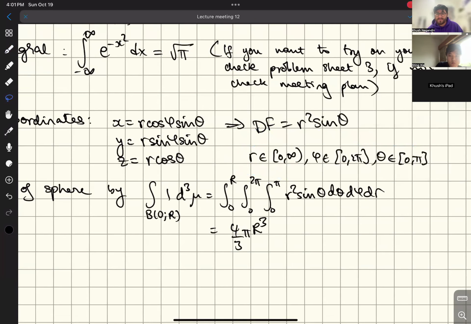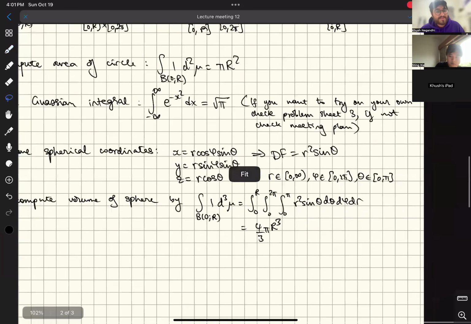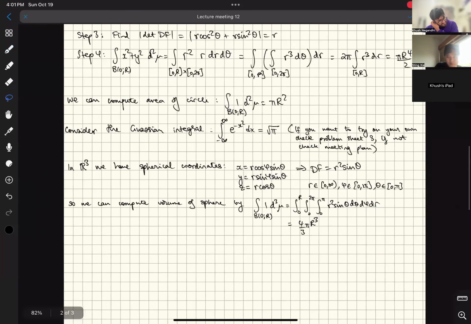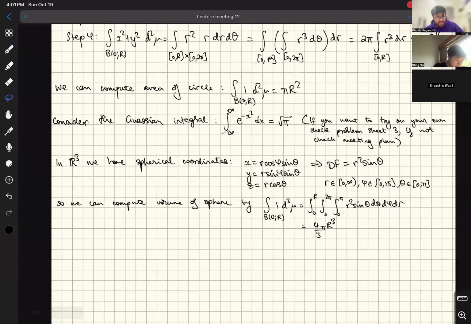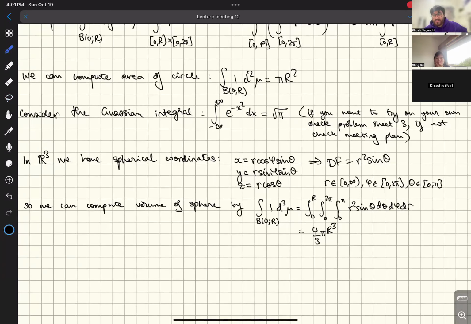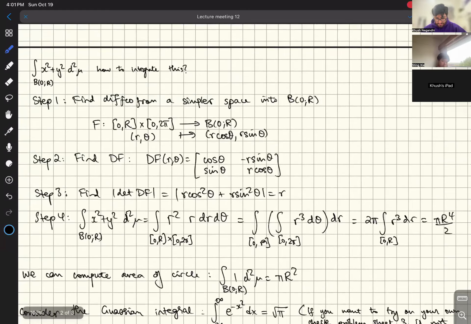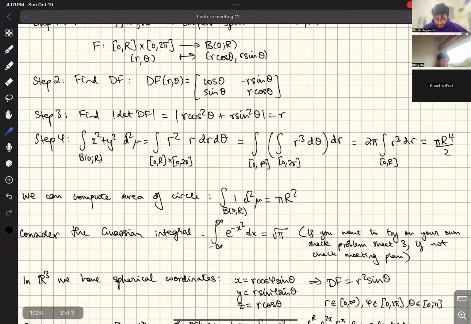You'll see it everywhere in physics. There's also cylindrical coordinates that are extremely used, but they're just polar coordinates bumped up a dimension. That's it. Also, one thing to notice is that spherical coordinates and polar coordinates, if you look carefully, the last component looks very similar.